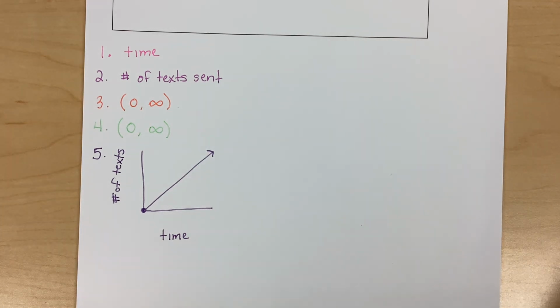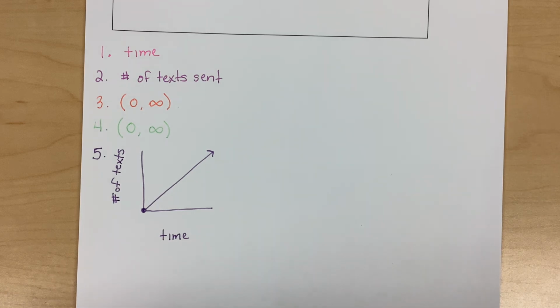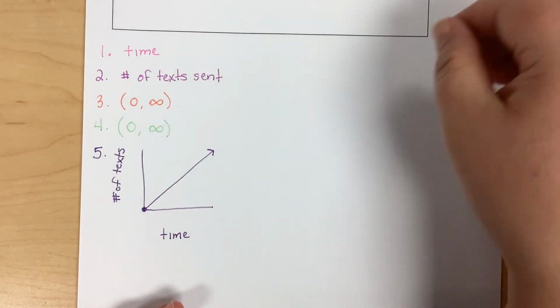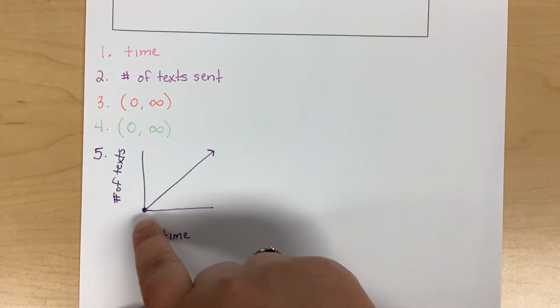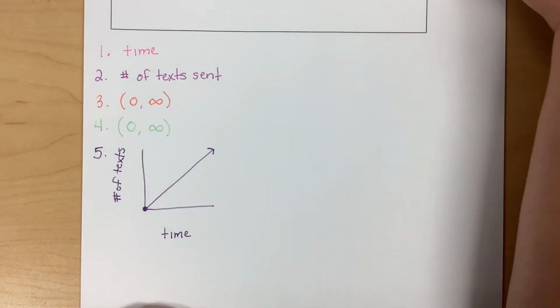Now, if we were given more of a story, we might be able to make the graph look a little bit different based on that story, but we weren't given one, so this is what we're going to go with. It is a linear graph because they didn't tell us if she sends more at different times or things like that. So we're just going to assume that as time goes on, the number of texts she sends increases. All right.